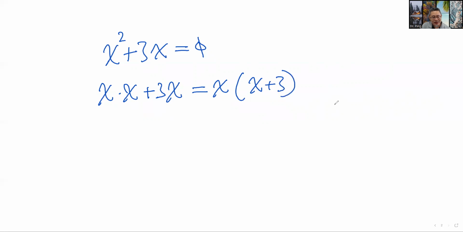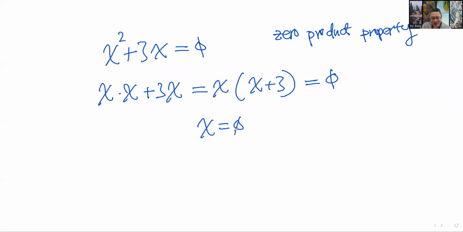If this is 0, then same thing, the zero product property: two numbers multiplied equal to 0. So either x equals 0 or x plus 3 equals 0, then x equals -3. Good?